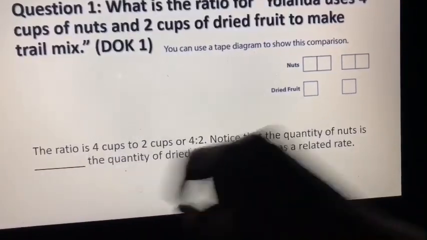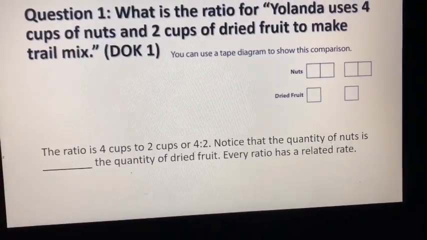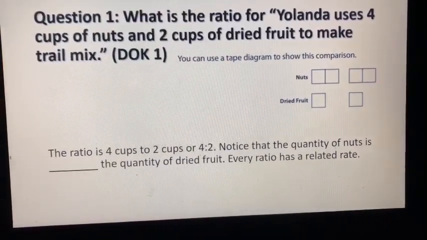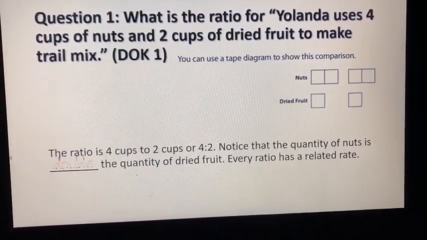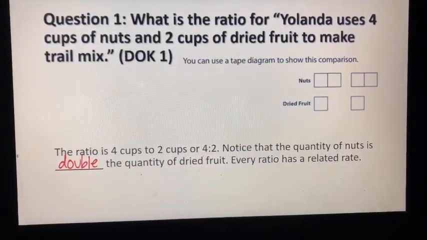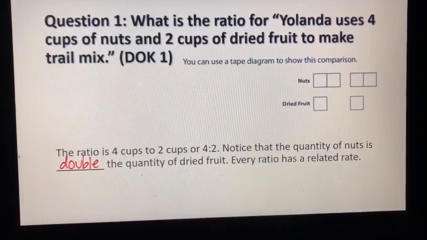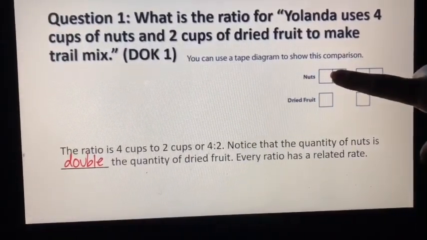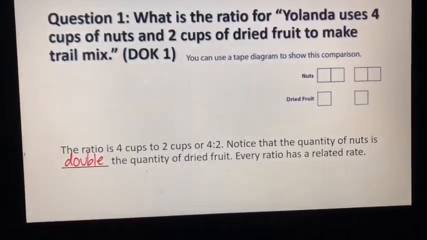So the ratio is 4 cups to 2 cups, or 4:2. Notice that the quantity of the nuts is double the quantity of the dried fruit. Every ratio has a related rate, which would be the second quantity in relationship to the first quantity.